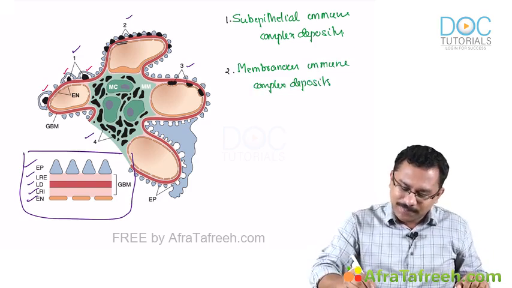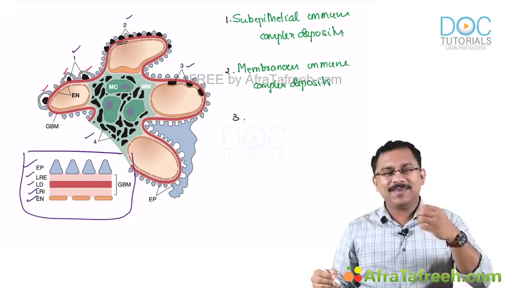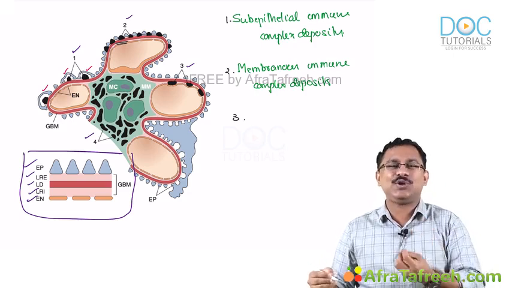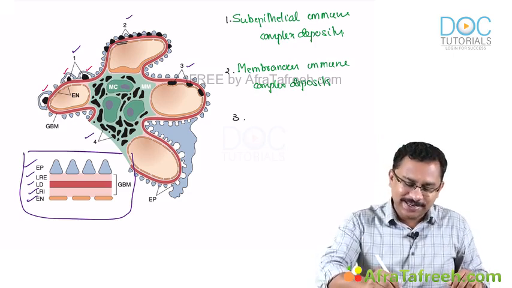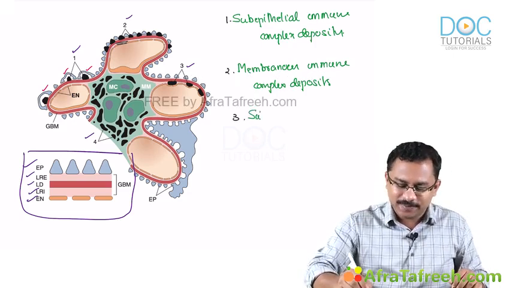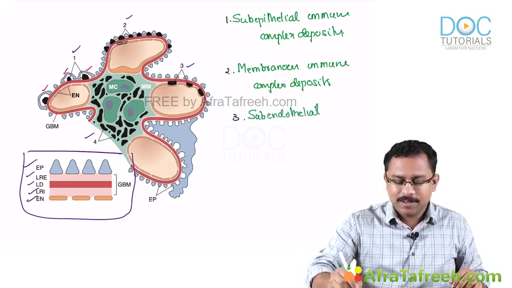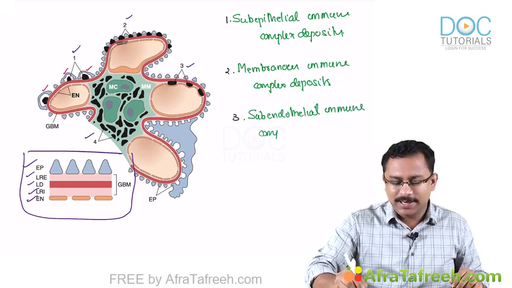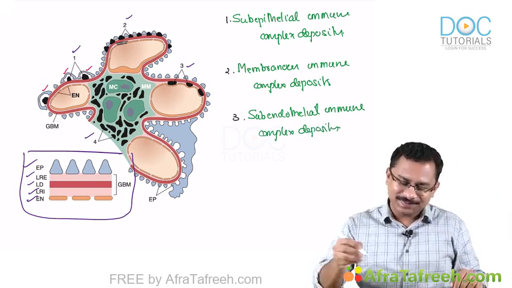And what about number 3? Number 3 is the immune complex just adjacent to your capillary endothelium. So that is subendothelial immune complex deposits. Okay, that is also very clear.